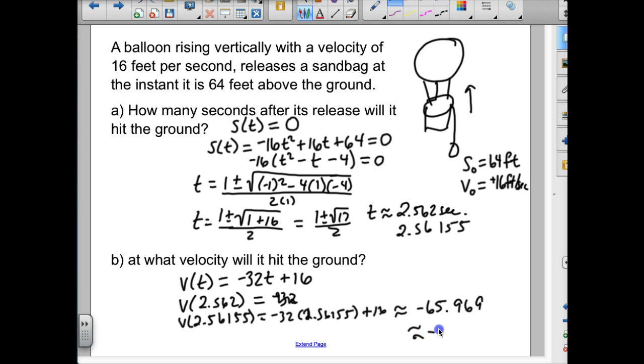So it's about negative 66. I should round to 3 decimal places, so that's negative 65.970, truncated or rounded. And the units on that would be feet per second. That's the velocity. Does it make sense that the velocity is negative? Because this sandbag is going down, its velocity will be negative.